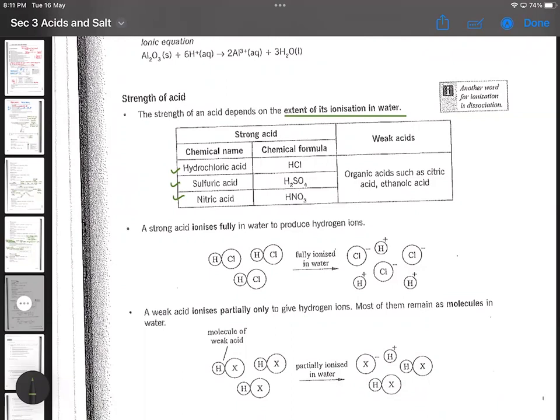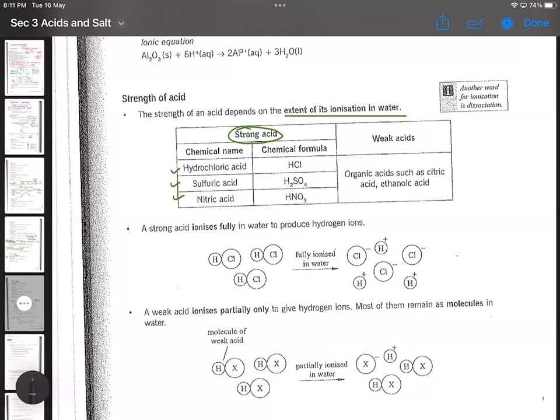These are your only strong acids in the syllabus, unless mentioned otherwise by your question. Otherwise, we will always take these 3 acids as the only strong acids in the syllabus. And everything else is weak. As long as it's not these three, any other acids are considered weak acids.